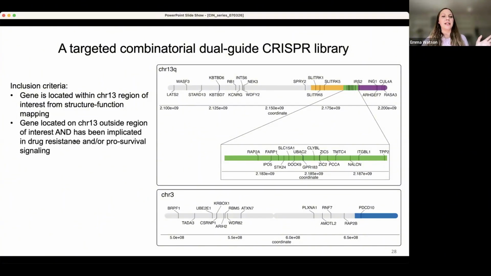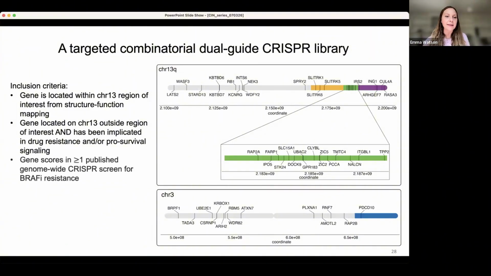We also included genes located broadly on chromosome 13 that had been implicated in drug resistance or pro-survival signaling in the past. Any gene that scored even weakly in at least one published genome-wide CRISPR screen for BRAF inhibitor resistance was included. And we also expanded our search using gene co-essentiality networks.